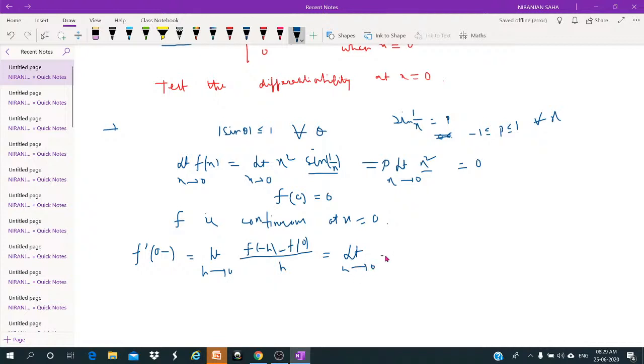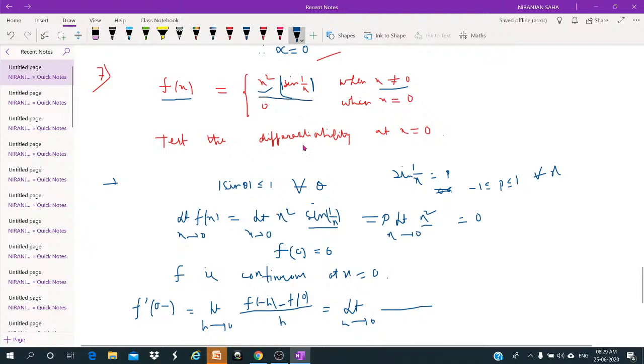Here we take h not equal to 0, just tending to 0. This will be h square, minus h squared, and the square of a negative is positive, so this is h square sine of minus 1 by h, and f(0) is 0, so this will be 0 by h.